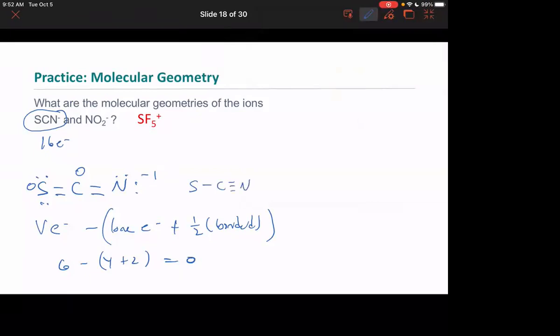Nitrogen would be 0, which is better for nitrogen, but now you're going to have sulfur 6 minus 2, 4, 6, 7, a negative on the sulfur, and you don't want that because nitrogen's more electronegative. So that's how you know that this is the correct formal charge, a correct Lewis structure over here.